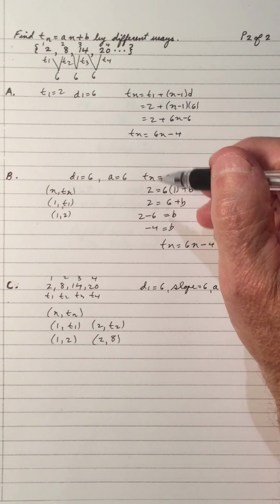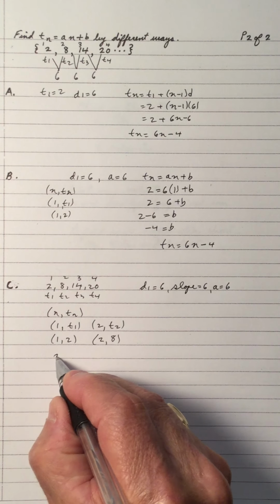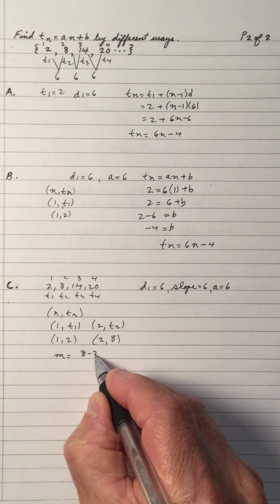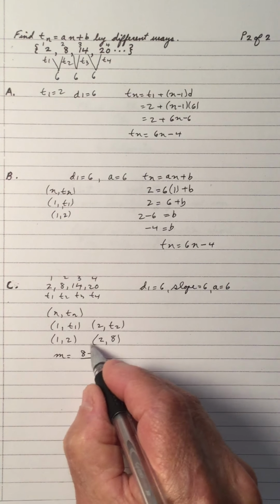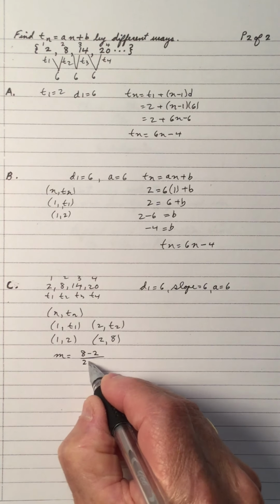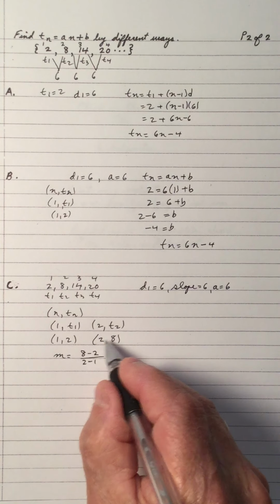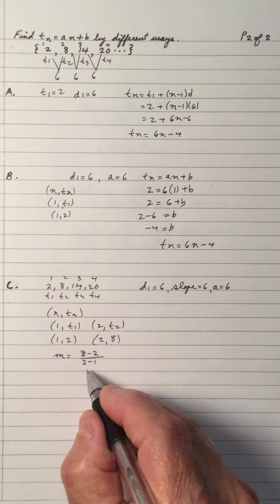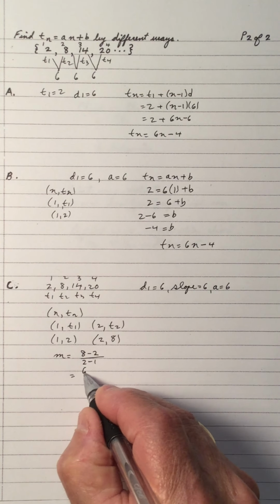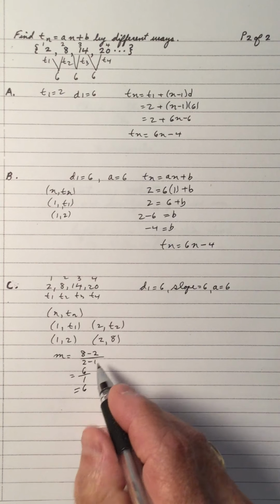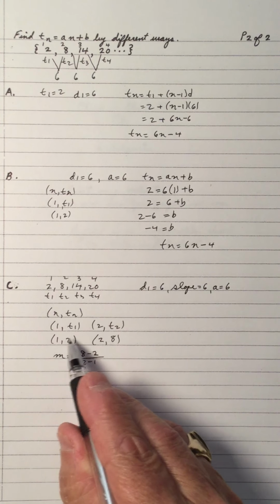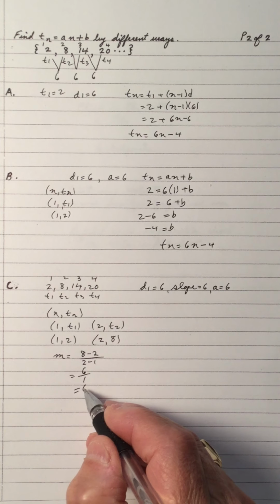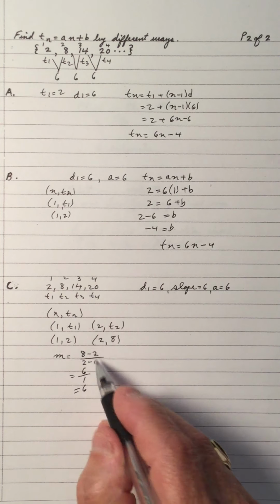We can get the slope by saying that D1 is the A, is the slope, 6. Or, because the arithmetic sequence is a linear function, we can do the slope of 8 minus 2 over 2 minus 1. That's like the x's and the y's: y2 minus y1 over x2 minus x1. So that gives me 6 over 1, or 6. We can find the slope between any two points, and it's the rise over the run, if you think of it as a graph.